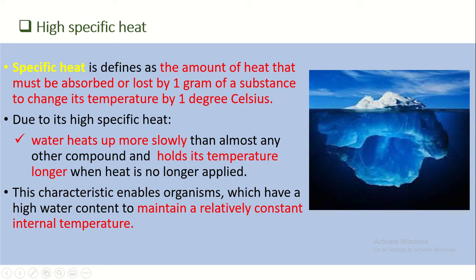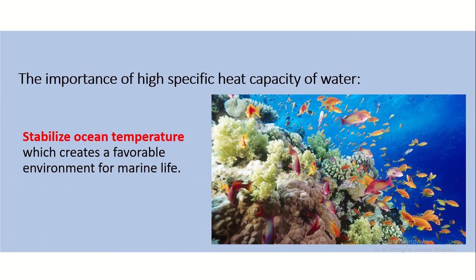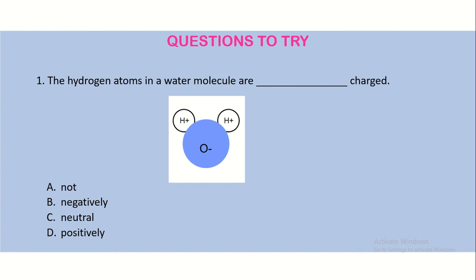So this characteristic is very important because it will enable organisms to live inside the water medium that has a very constant internal temperature. And as I mentioned earlier, the importance of the high specific heat capacity of the water is to stabilize the ocean temperature, which will later create a favorable environment for marine life.